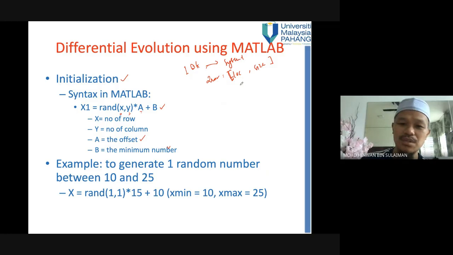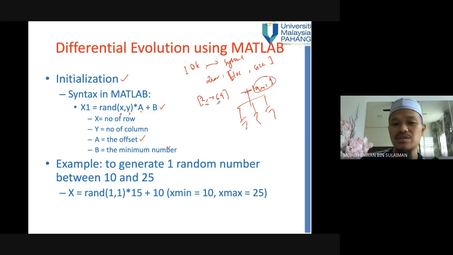Your location basically, because normally in power system distribution, bus 1 is the slack bus. Let's say you have a radial system, bus 1 is your slack bus or generator bus only. So normally you don't need to install the DG at bus 1. Your location is between 2 and, let's say you have 69 buses, so 69 is your maximum number.